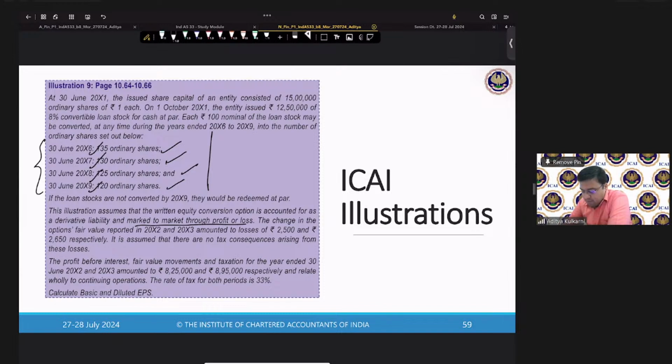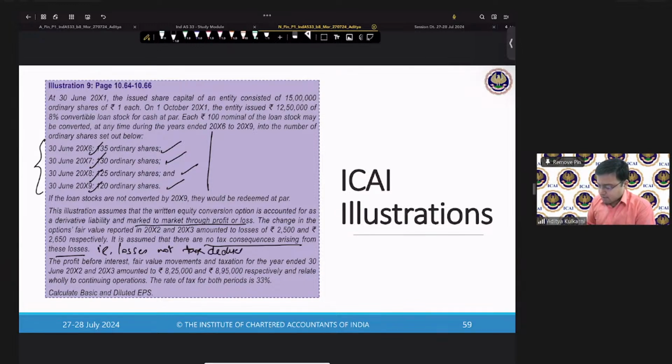The change in the option's fair value reported in X2 and X3 amounted to losses of 2,500 and 2,650 respectively. It is assumed that there are no tax consequences arising from these losses. That means these losses are not tax deductible.